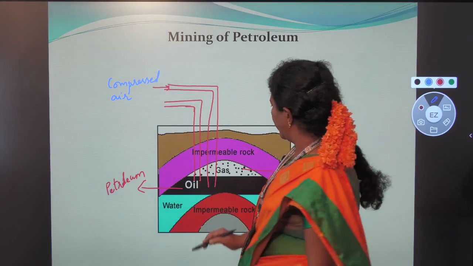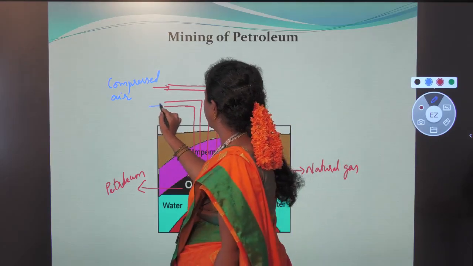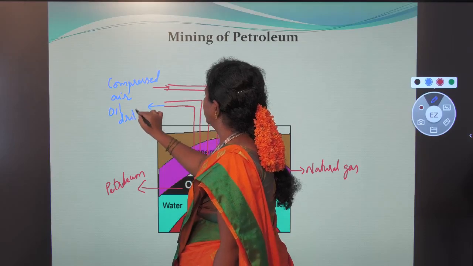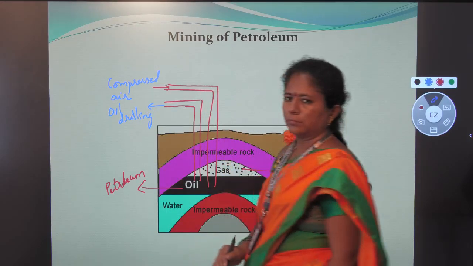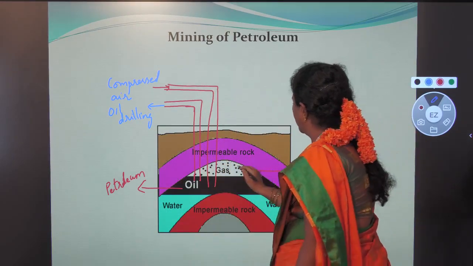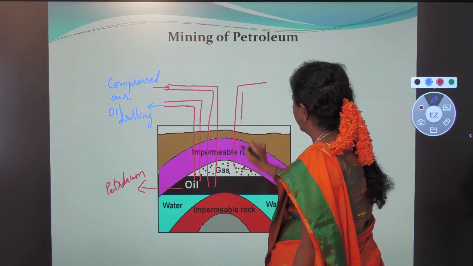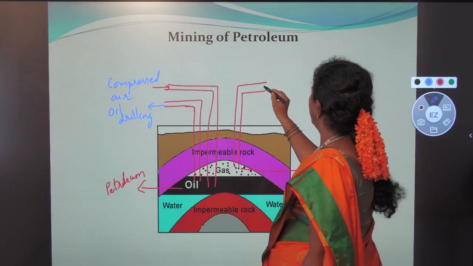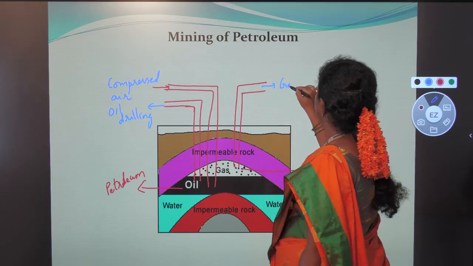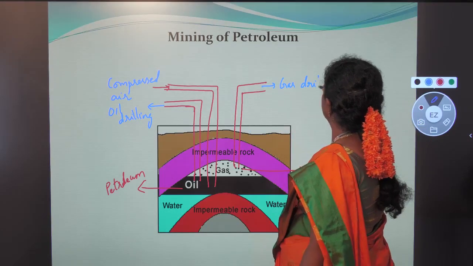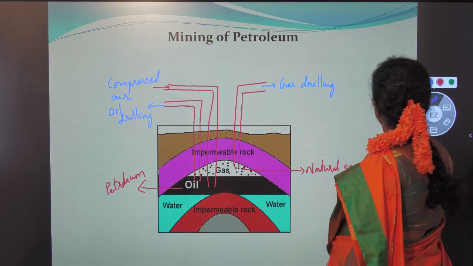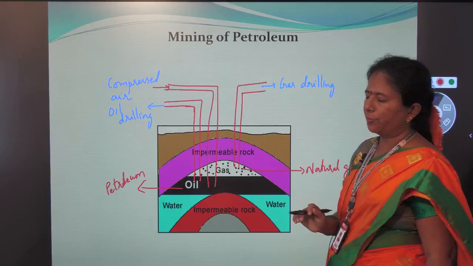By passing compressed air, oil will be drilled. So this is called oil drilling. Similarly, natural gas can also be obtained, and it is called gas drilling. So this is about the mining of petroleum.